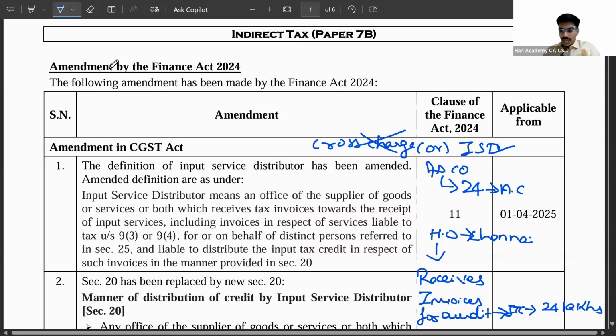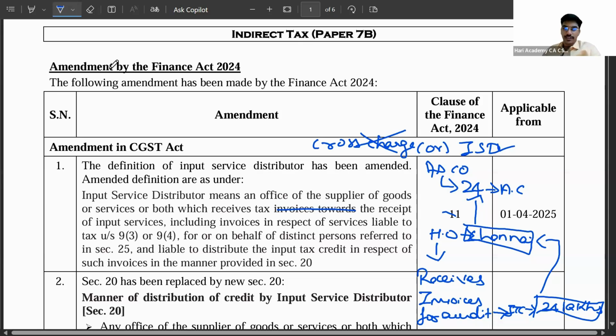This 24 lakhs of ITC is not pertaining only to the Tamil Nadu Chennai registration, and it is pertaining to all these 24 registrations across the country.